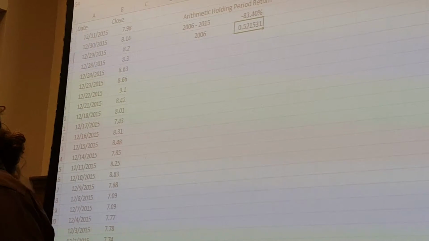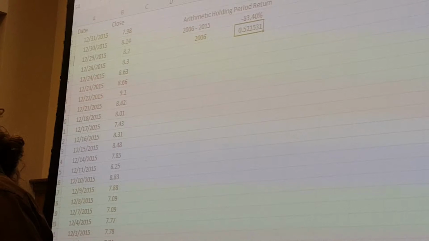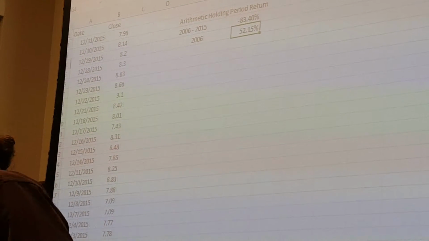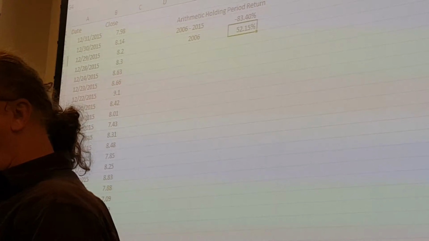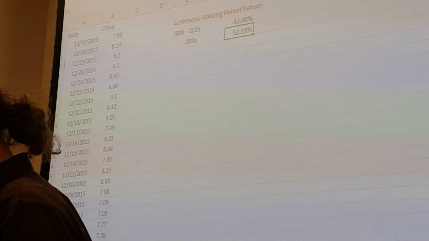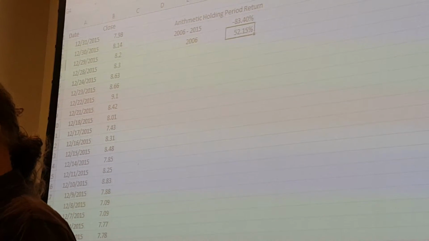Okay, so for 2006, it had a 52.15% increase. Then we can do it for 2007.